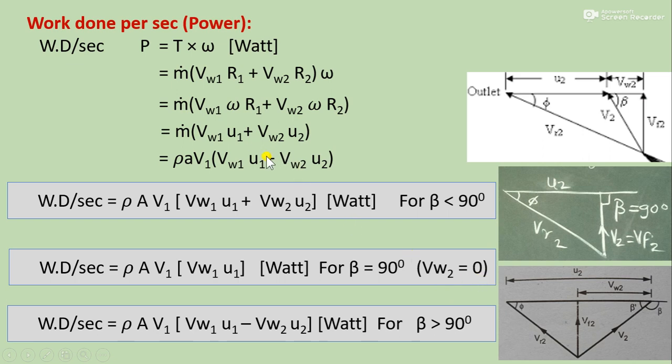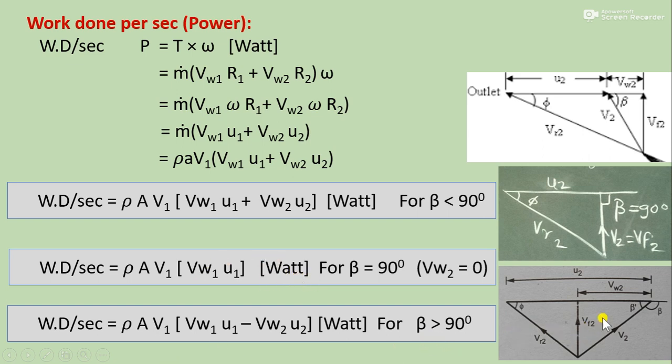Thus in the above formula, this term goes. So the work done per second for beta 90 degrees, that is radial discharge, is rho a V1 [Vw1 u1] in watt.